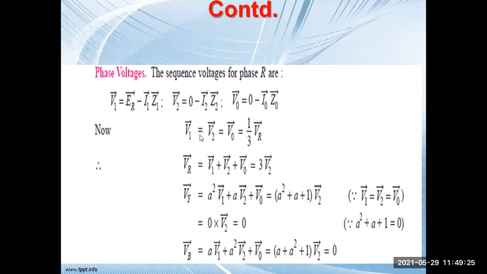So V1, V2 and V0 we are going to calculate. We know V1 equal to V2 equal to V0 equal to 1/3 VR. How to calculate? VR equal to V1 plus V2 plus V0. Then we'll substitute these values. So this will be 3 into V2. Yes or no?